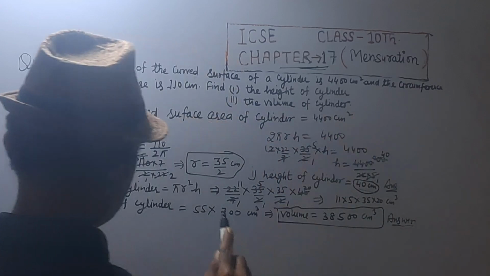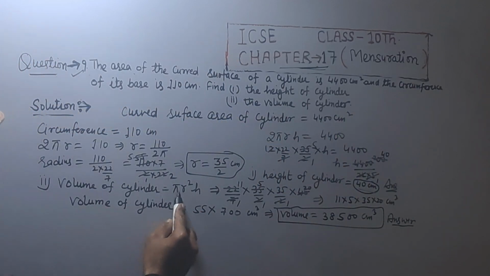Answer, first part. And second part, volume of cylinder, that is pi r square h.